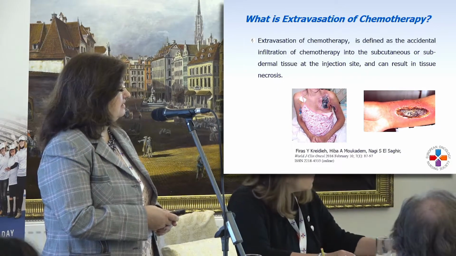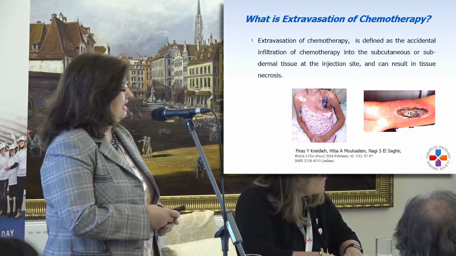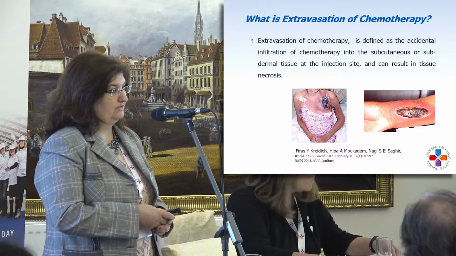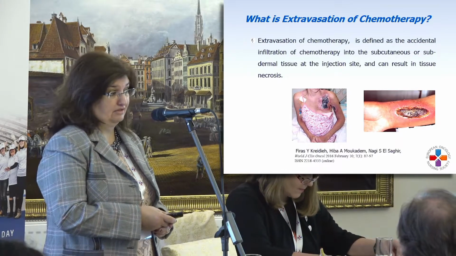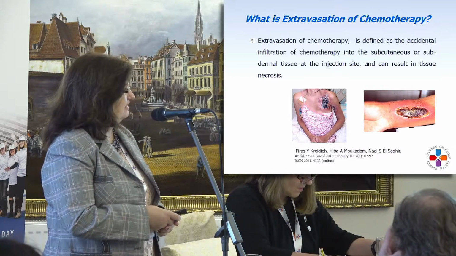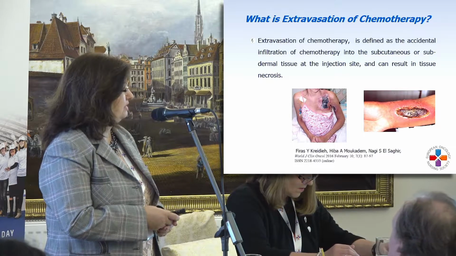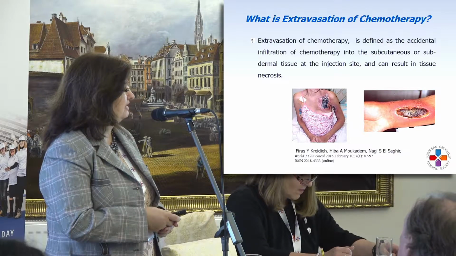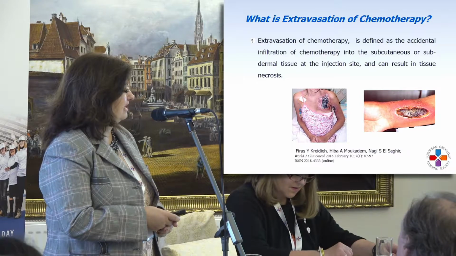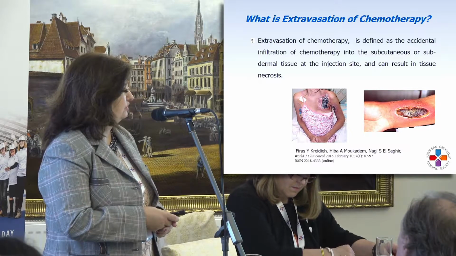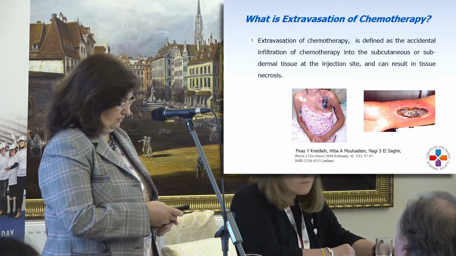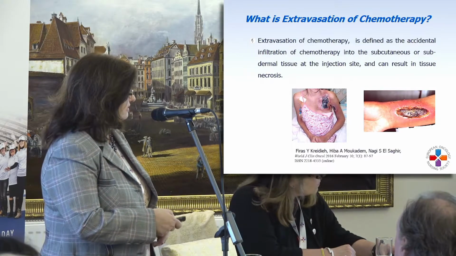So, what is extravasation of chemotherapy? We have a lot of different kinds of definitions. This is one. It is defined as an accidental infiltration of chemotherapy into the subcutaneous subdermal tissue at the injection site and can result in tissue necrosis. I show you two different kinds of necrosis here.